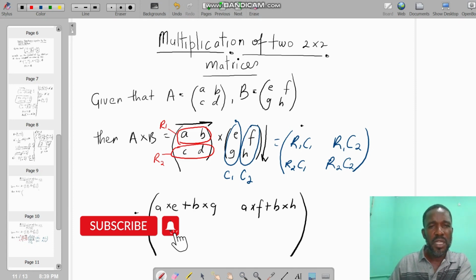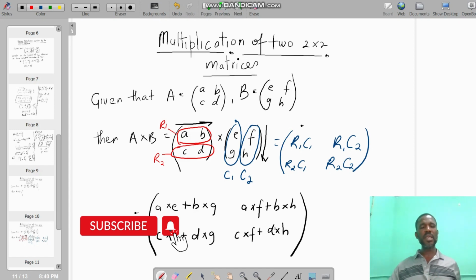So we have row 2 times column 1, therefore it must be C times E plus D times G. Then the fourth element must be row 2 column 2, so it's going to be C times F plus D times H. So if we were to use letters, this is what we would have got.